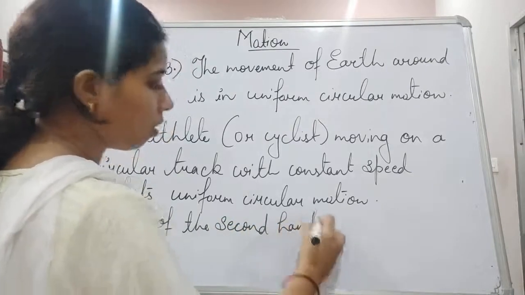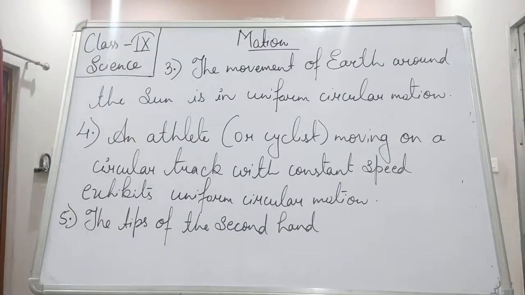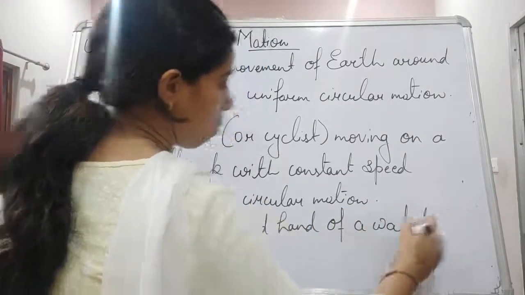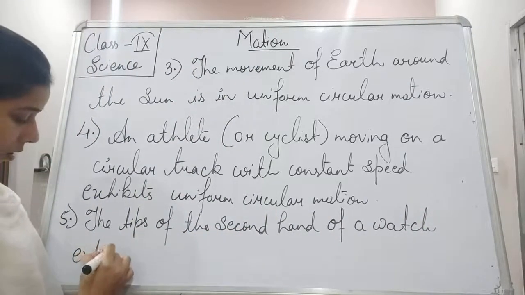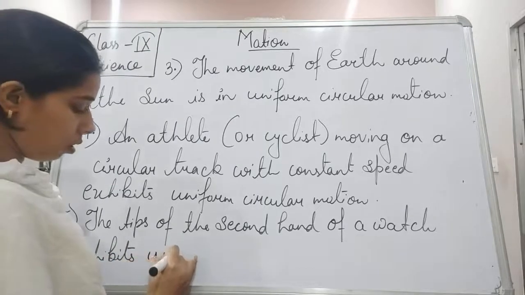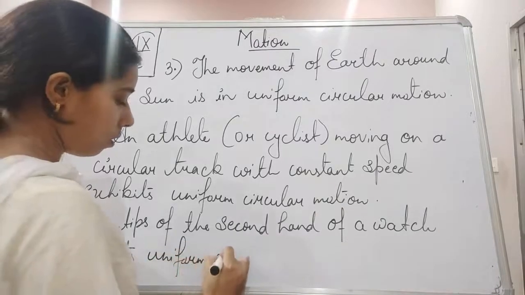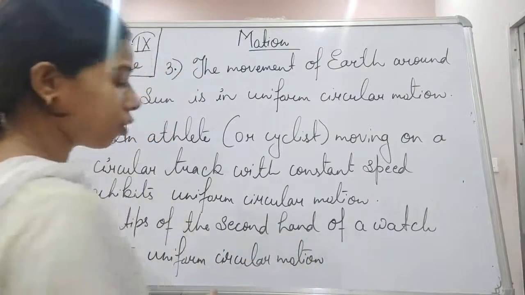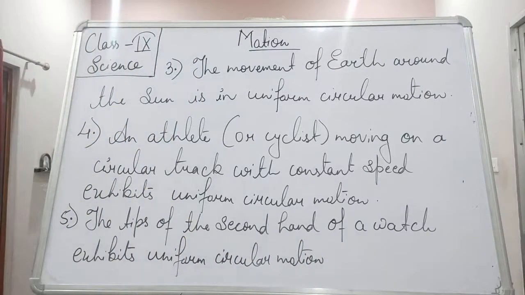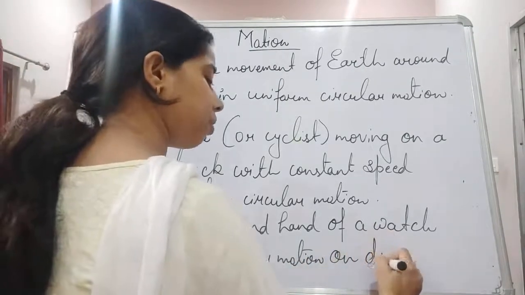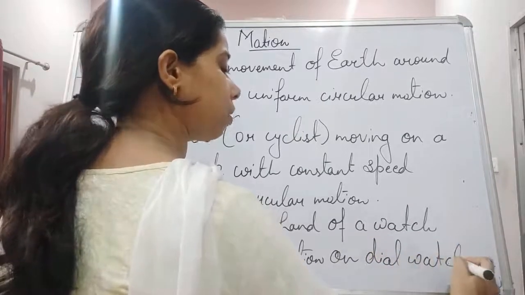The tip of the second hand of a watch exhibits uniform circular motion on a circular dial watch.